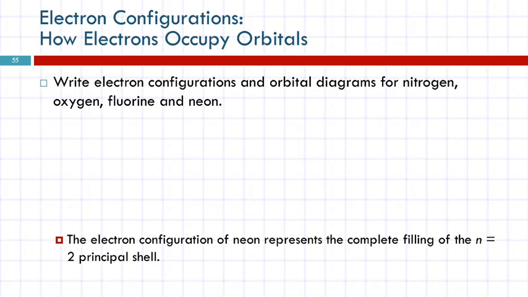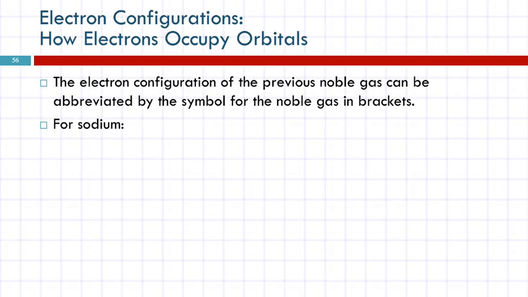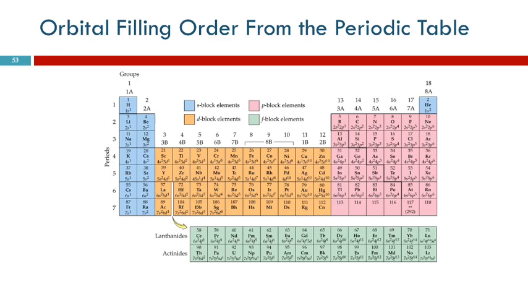So let's look at nitrogen, oxygen, fluorine, and neon. Okay, so here's nitrogen on the periodic table. Okay, so nitrogen has 7 electrons. Where are they?